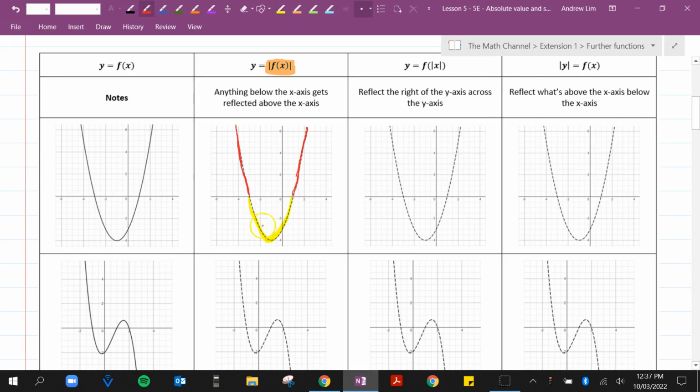So here we've got negative 2, negative 3, which is going to become negative 2, positive 3. Here we've got minus 1, minus 4, so it's going to become positive 4. Minus 3 is going to become positive 3. And that should be enough for us to be able to draw that.